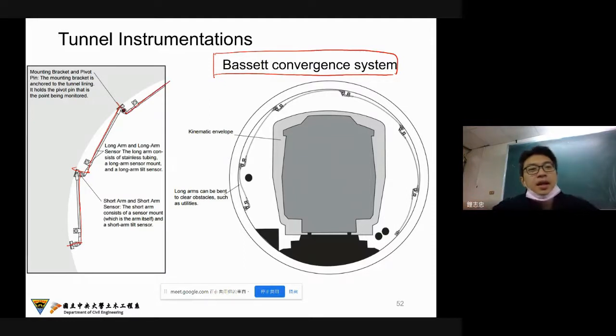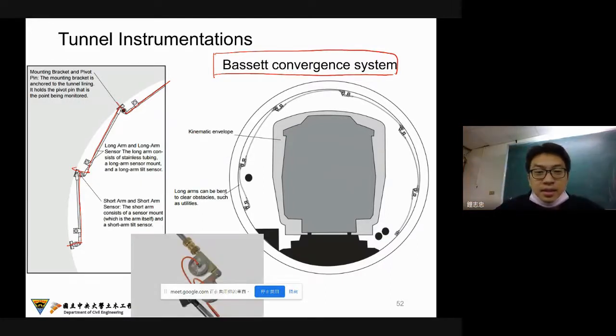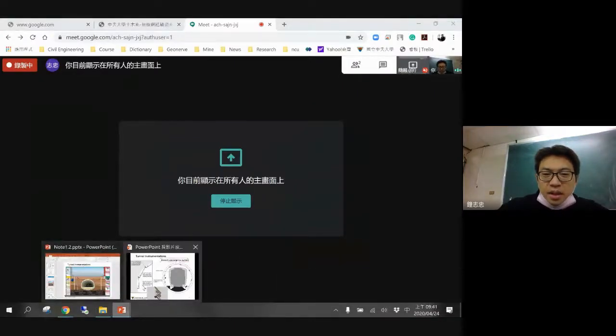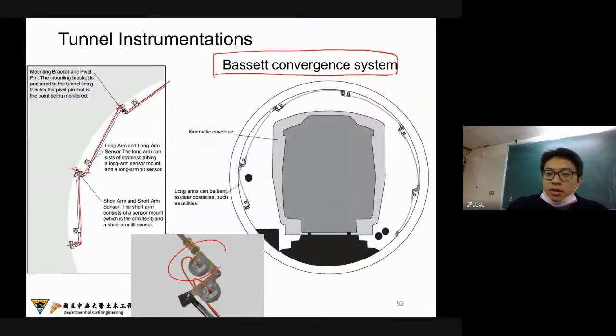Each arm has its own tilt meter. This is the real picture.